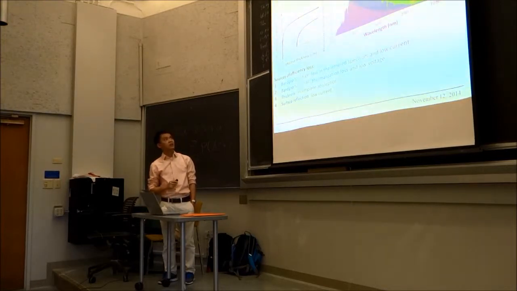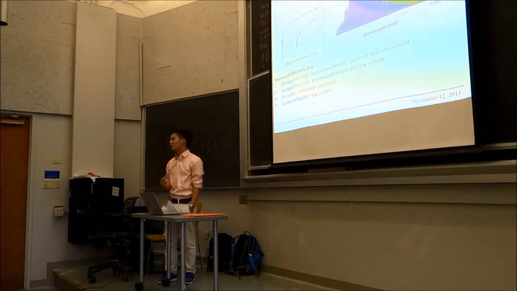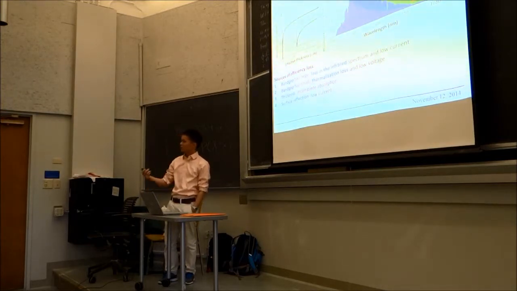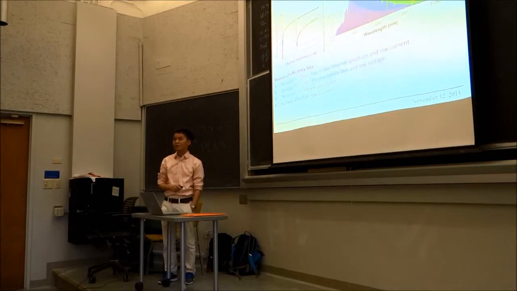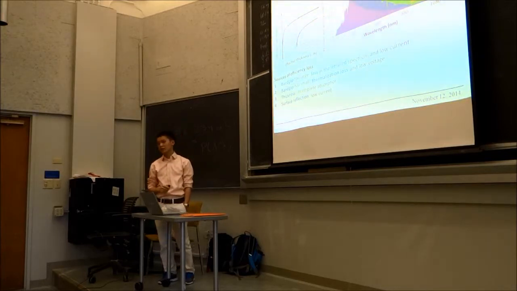And this gives you a picture of the physics: what are the other efficiency loss mechanisms here? What this shows you is the solar spectrum. On the y-axis is how many photons there are at particular wavelengths of light.